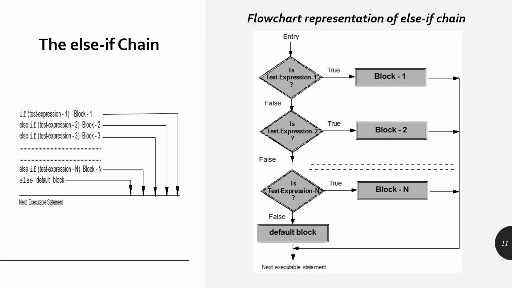Now the if-else chain. If the condition is true, this particular block will be executed. If false, the next condition will be checked. If it is true, this block will be executed; if it is false, it will be checked again. That keeps continuing for the number of chains we specified.